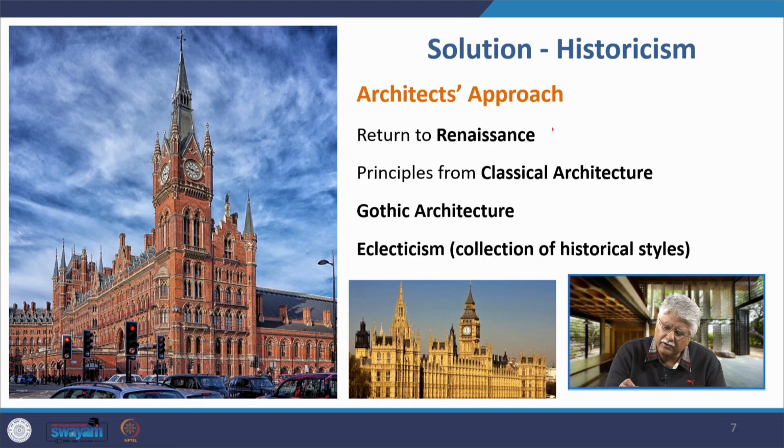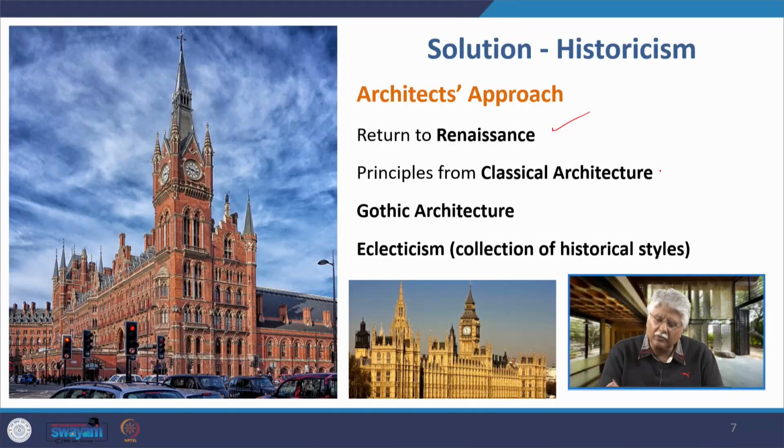One was the return to the Renaissance period. Why? Because the Renaissance was a much more flexible solution that had also come out from classical architecture, with the works of people like Andrea Palladio, etc. Then it was the adoption of the principles of classical architecture, not borrowing classical architecture literally, but borrowing the principles of symmetry, axiality, etc. from classical architecture.